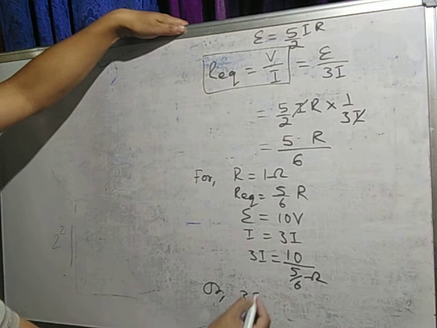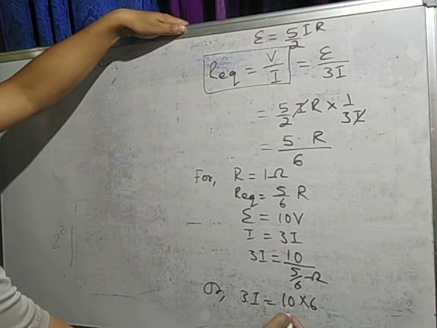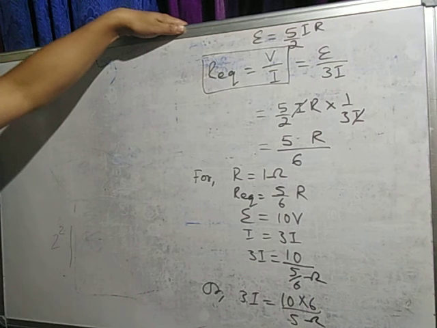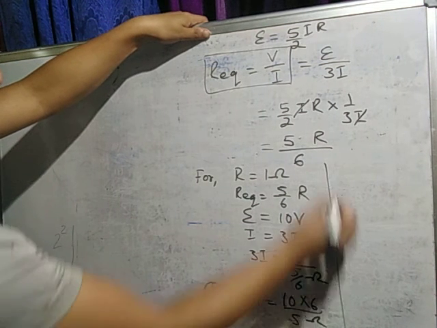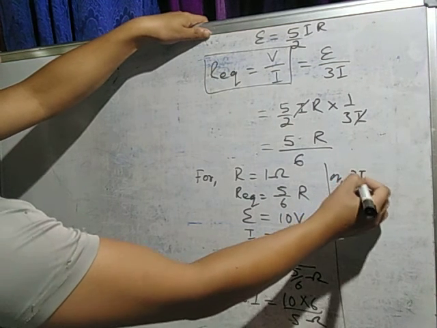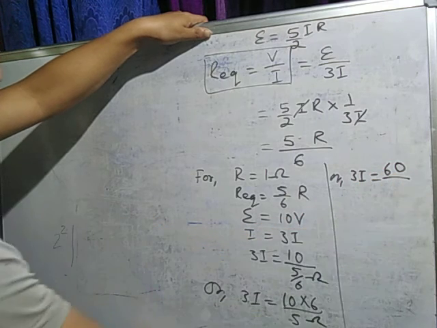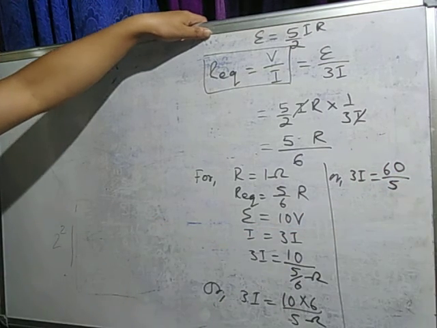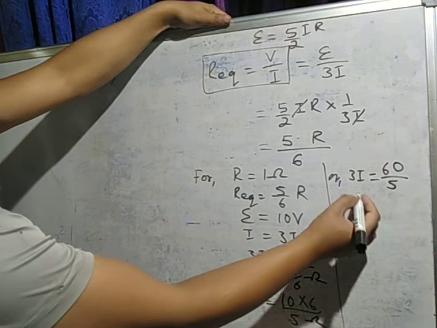See, 3I equals 10 into 6 by 5 ohm, isn't it? Right. So this is how much? 60, or 3I equals 60 upon 5, isn't it? So this is how much?